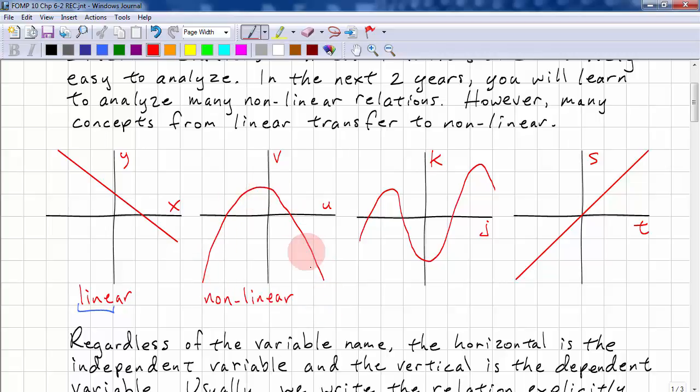It has degree 2. And again, this one has curves, so this is nonlinear. Again, if you're interested in what kind of function this is, it's called a quartic function. And this one forms a line, so it is also linear.